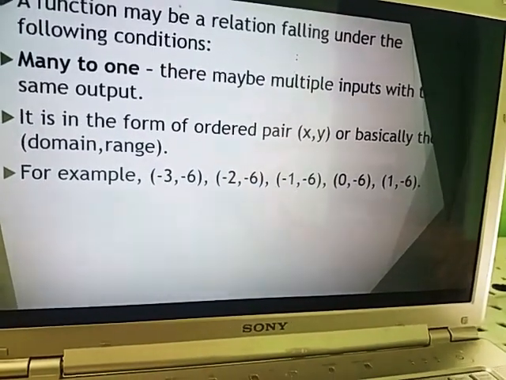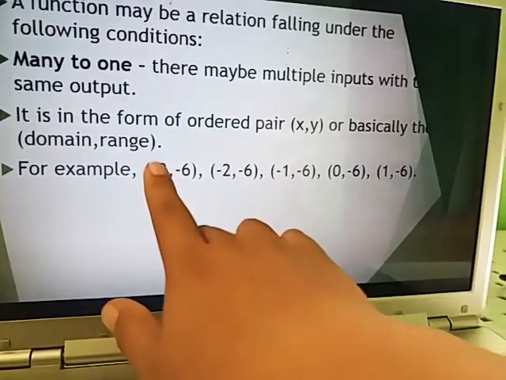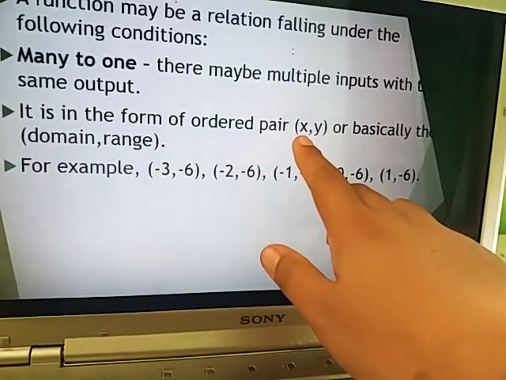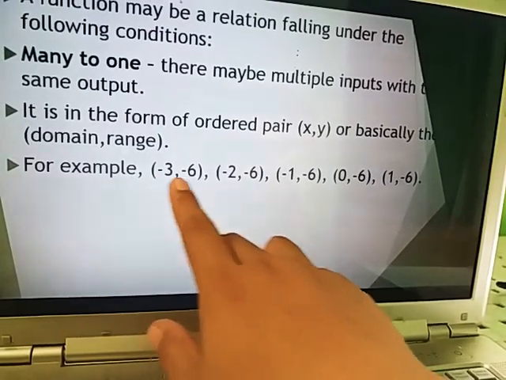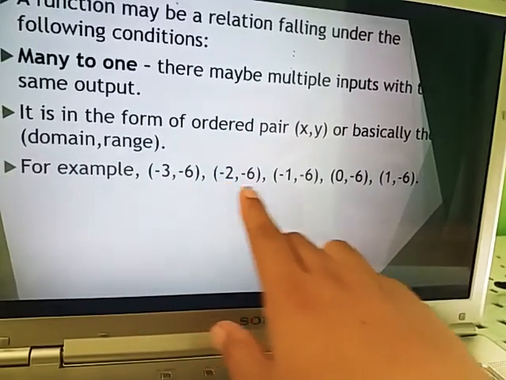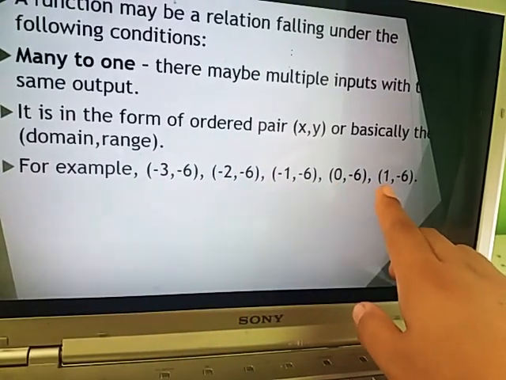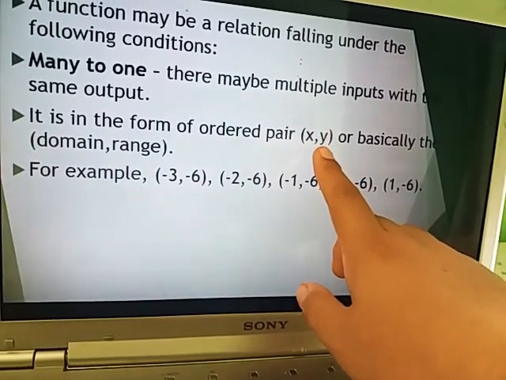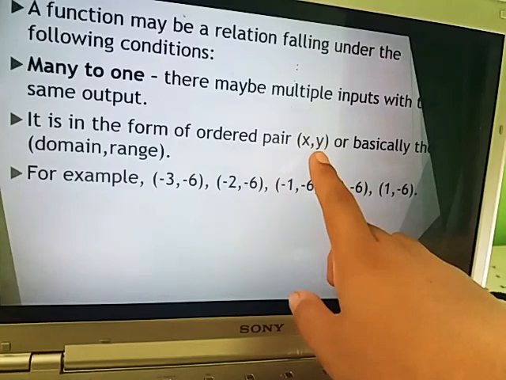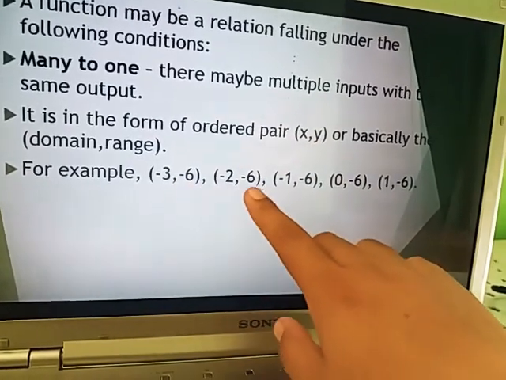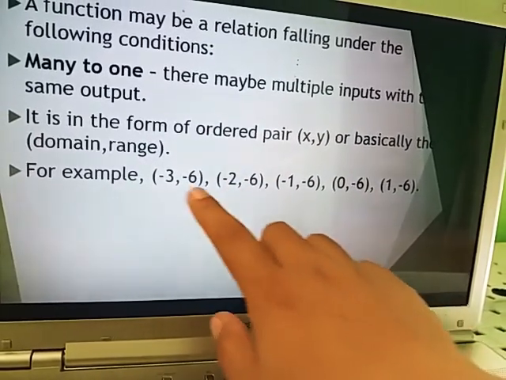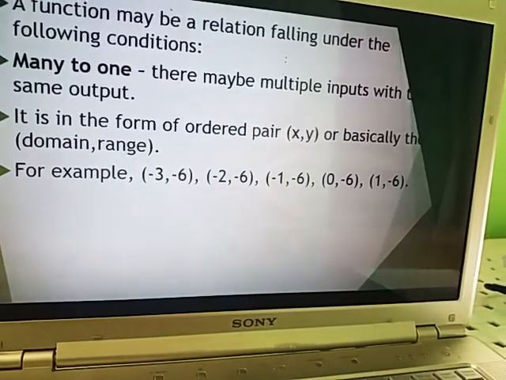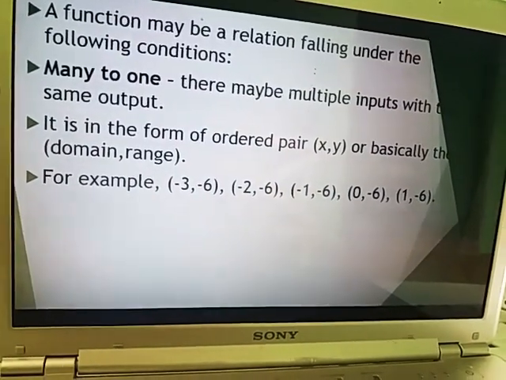As you can see, there are different inputs. Magkakaiba yung input natin, your x or your domain. We have -3, -2, -1, 0, and 1. But the range or your y or your output, that is all the same. -6, -6, -6, -6, -6. And that is a function.